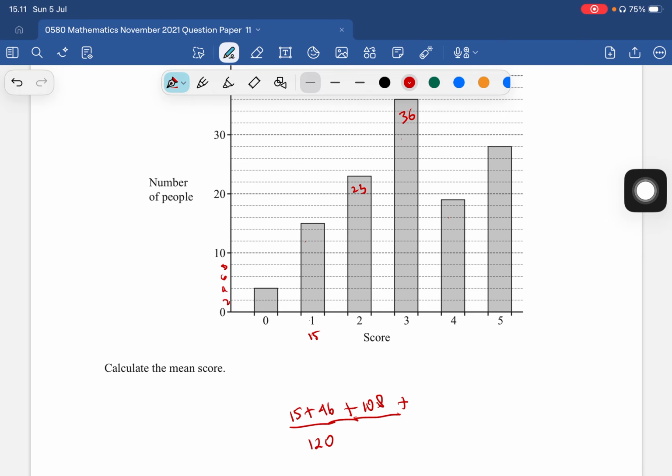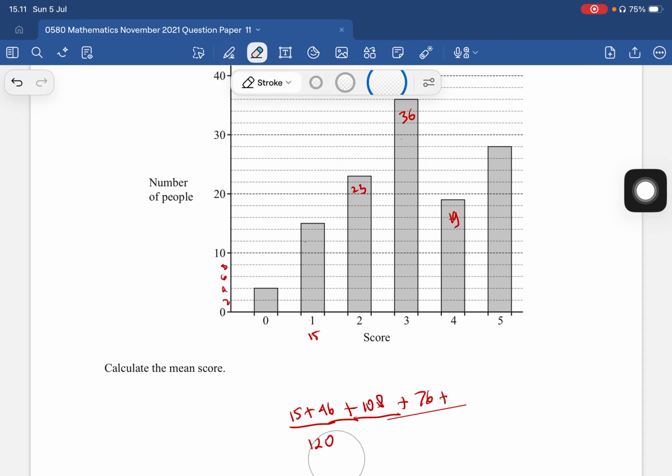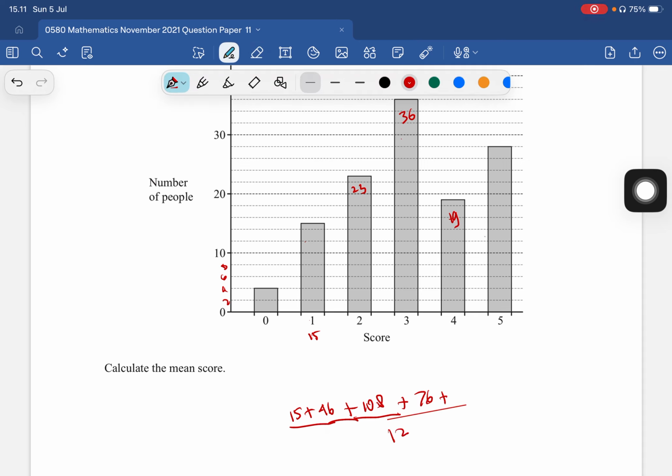Here is 4 multiplied by 19 equals 76. Then here is 5 multiplied by 28 equals 140.